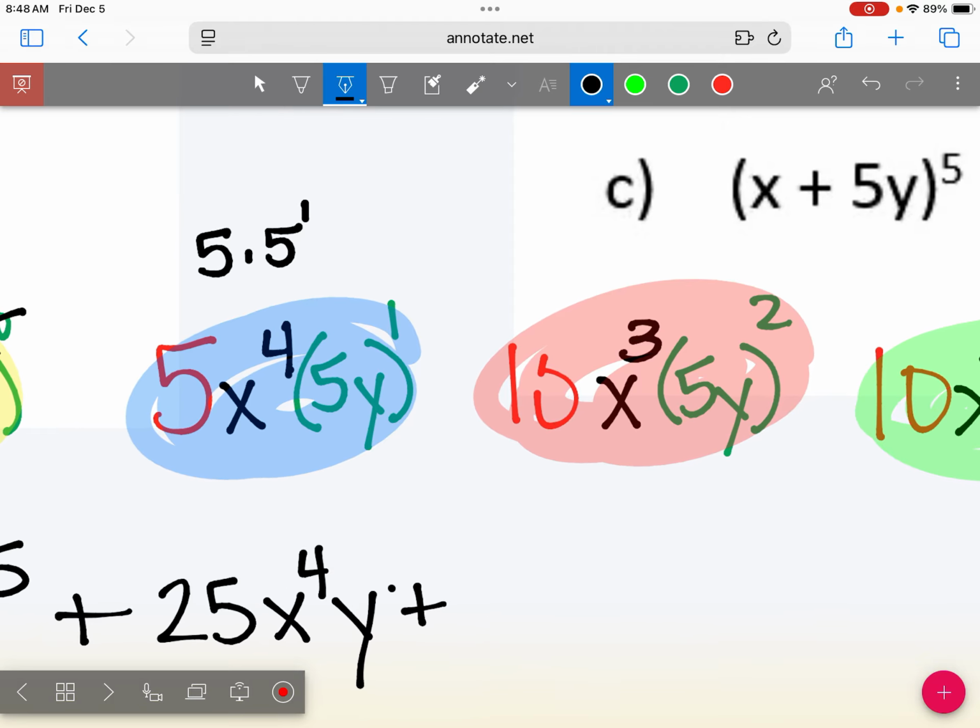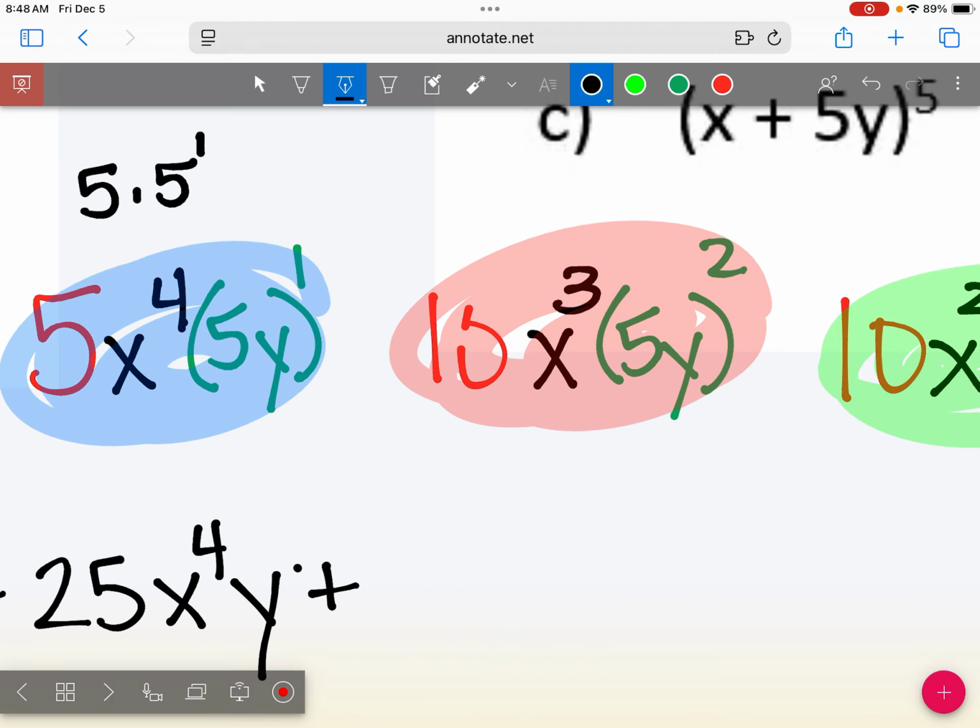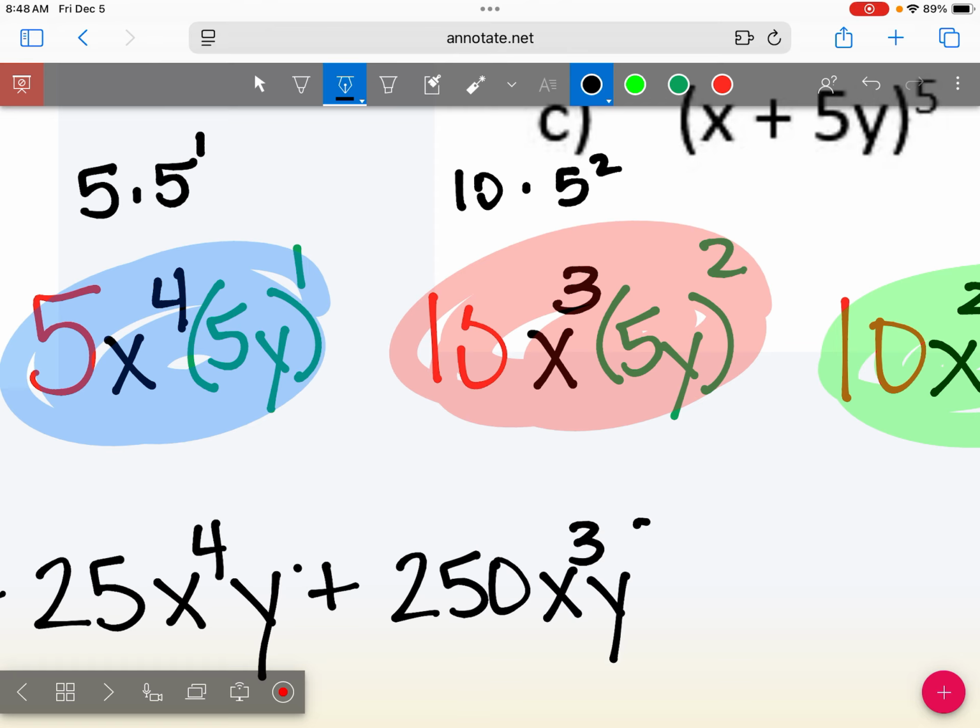For my pink term, I am multiplying 10 times 5 squared, because everything in the parentheses is squared. So 10 times 5 squared is 250. And this one has 3 x's and 2 y's.